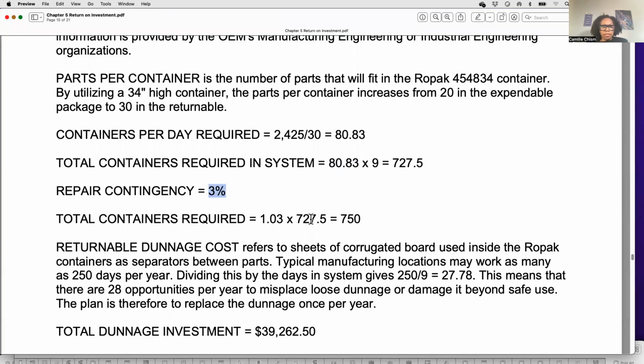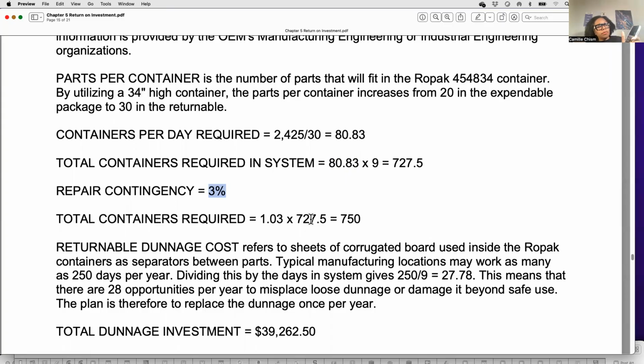So what that does is, by doing the 1.03, you're basically saying 100% of my containers, which would be the 727.5, is the 1, and then the 0.03 is equal to 3%.